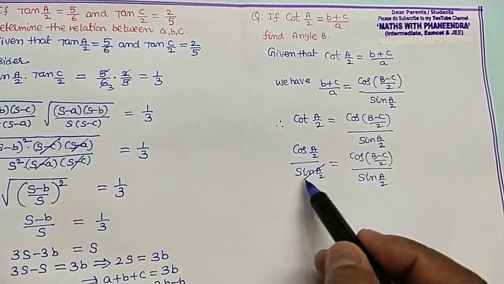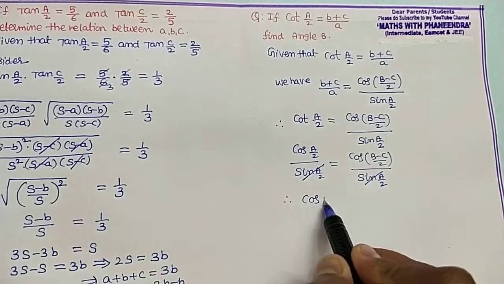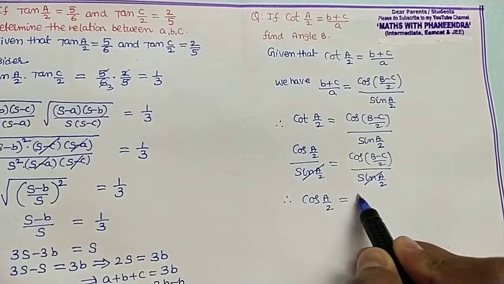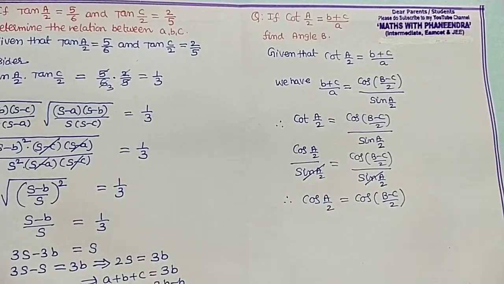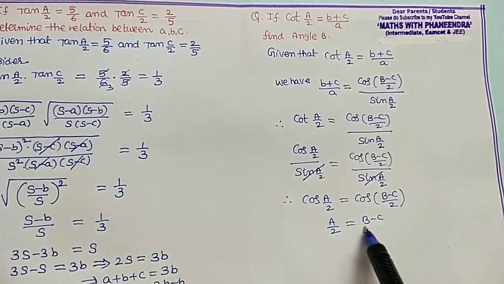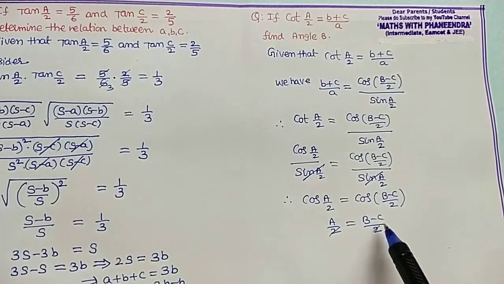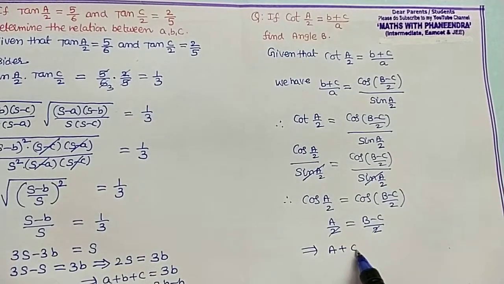On both sides, the denominators get cancelled. Therefore, cos A by 2 equal to cos (B minus C) by 2. Comparing both angles, A by 2 equal to (B minus C) by 2. 2 get cancelled, minus C we can take this side. A plus C equal to B.